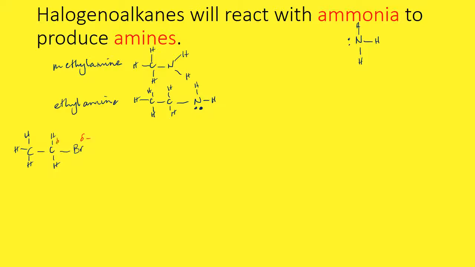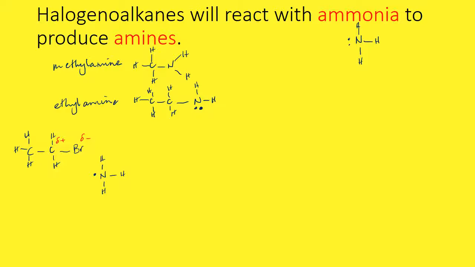We've got delta minus, delta positive, but in this case we have ammonia, so we're going to draw our ammonia molecule like this, because we have to make the lone pair on the nitrogen very clear.